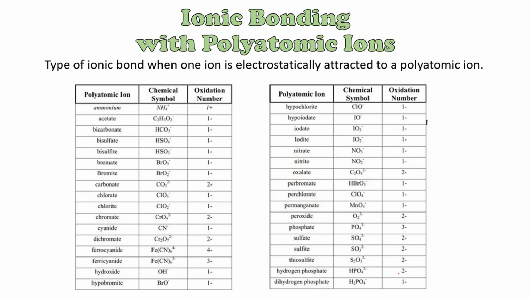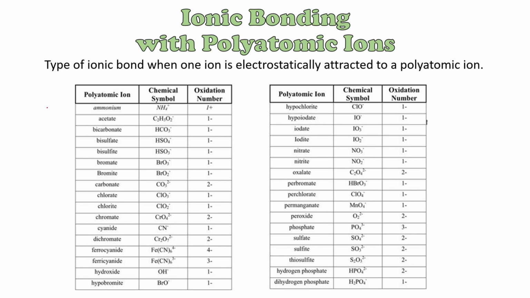And in continuation for this, we have what we call ionic bonding with polyatomic ions. It means there could be a chance that the cation has multiple atoms or multiple elements, or the anions have multiple elements. And these are what we call polyatomic ions.